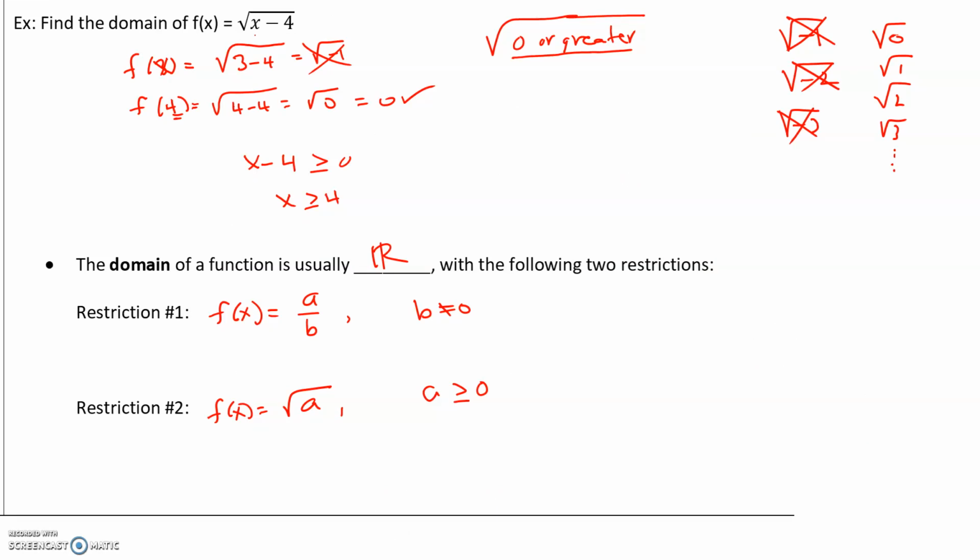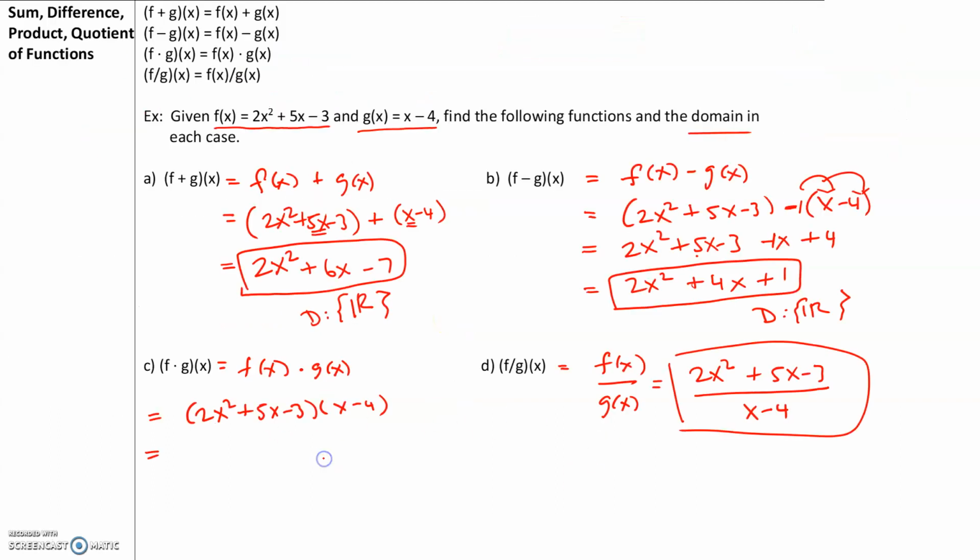If it's a fraction, the denominator cannot be 0, because if it was, we would have an undefined case. So in this case, our restriction is that x minus 4, the denominator, cannot be 0, which means x cannot be 4 if you just add 4 to both sides. That's our restriction. So our domain is all the values of x such that x cannot equal 4.